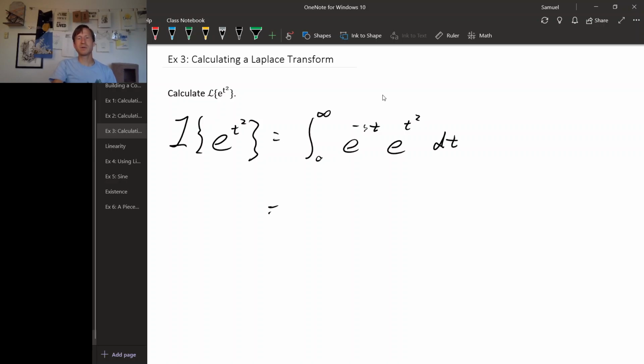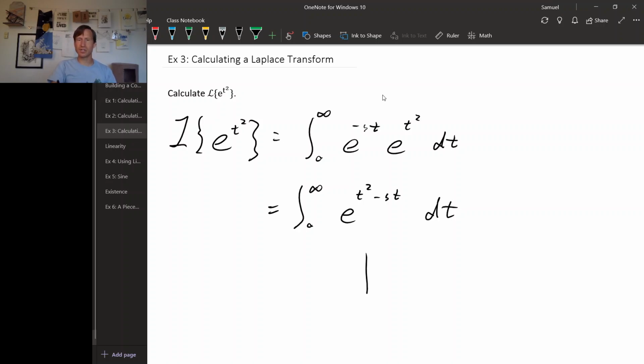Well, we can put these exponentials together, so the integral from 0 to infinity of e to the (t squared minus st) dt. First of all, I'm not sure how to get an antiderivative of this, but let's just think about when this would be defined.